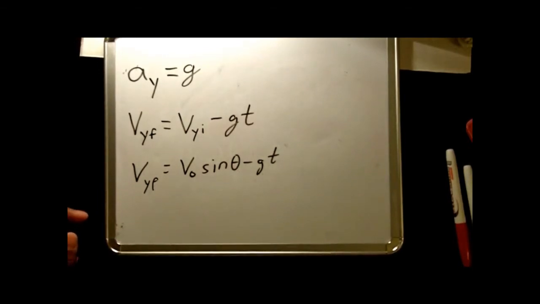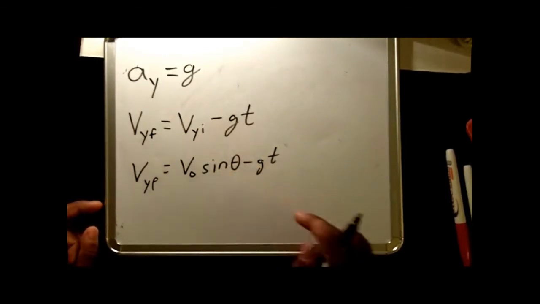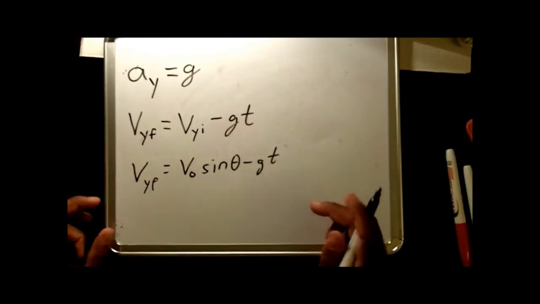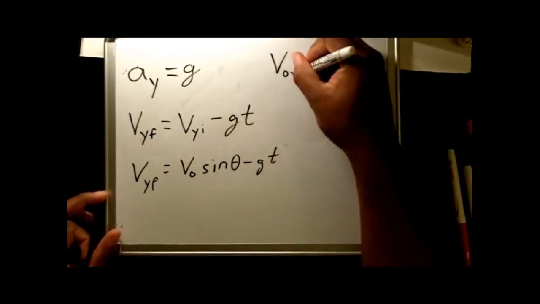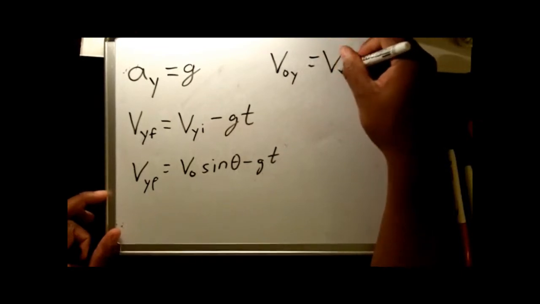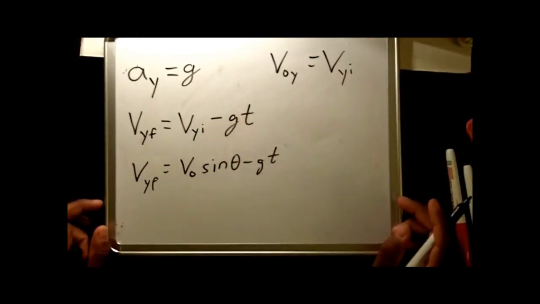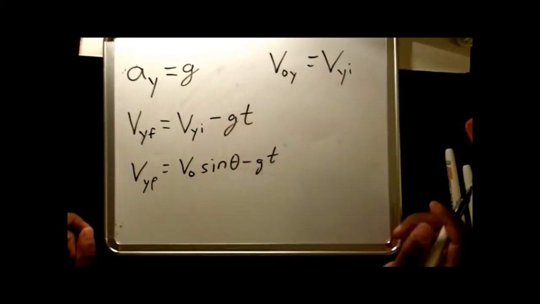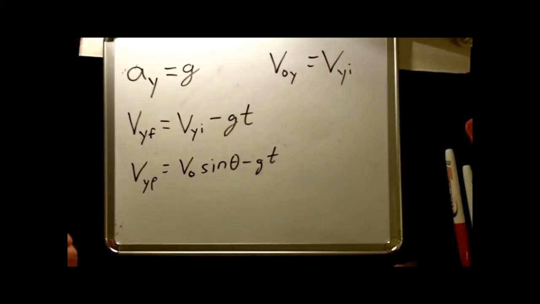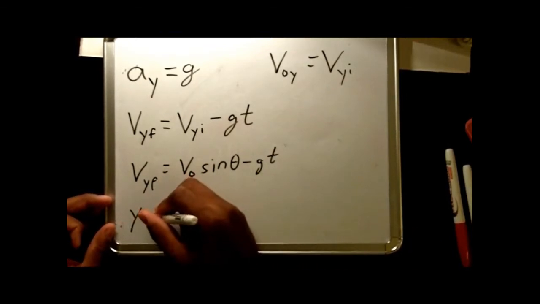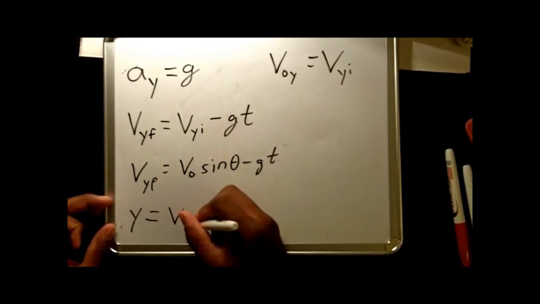So this is equal to that. I know I used different subscripts, but this equals this. I should have kept it like that. But to find out the position in the y direction, you need this equation.